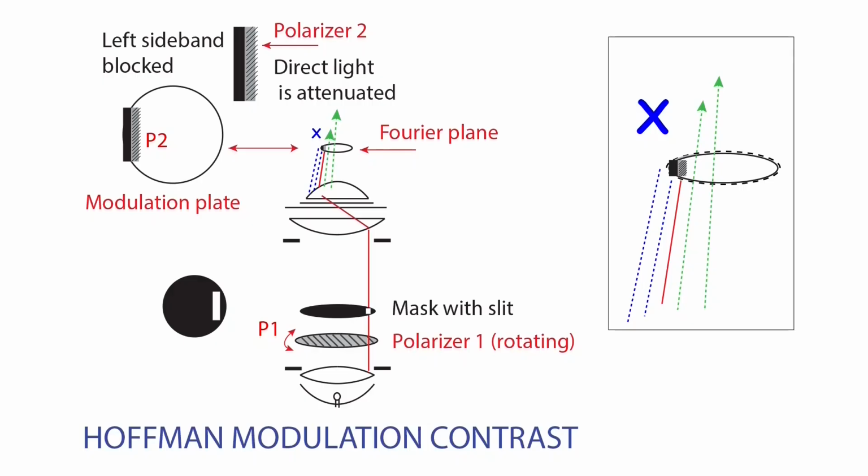The right sideband passes freely into the aperture. A further refinement uses a rotatable polarizer in the illumination path, coupled with a small fixed analyzer to adjust the direct light intensity.